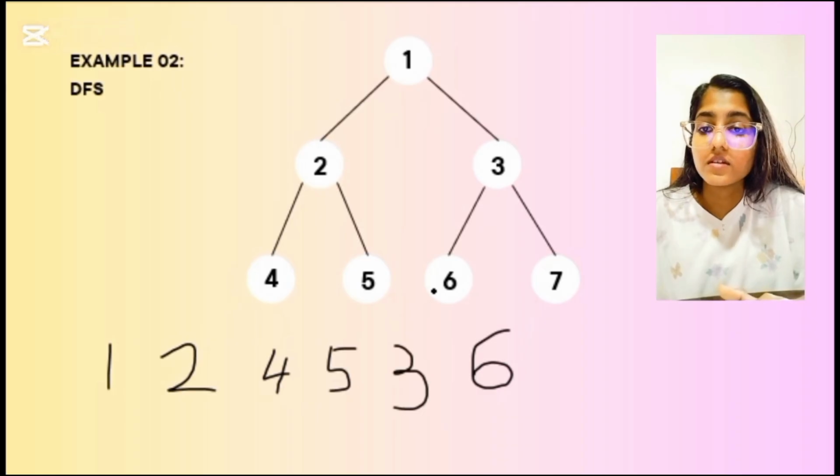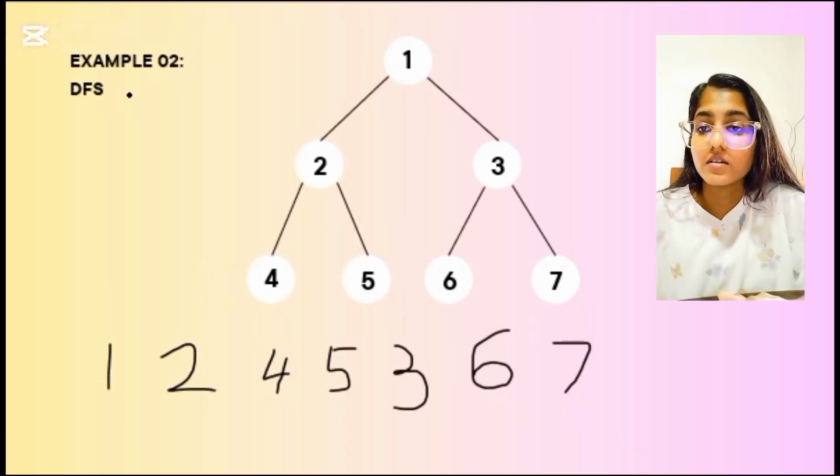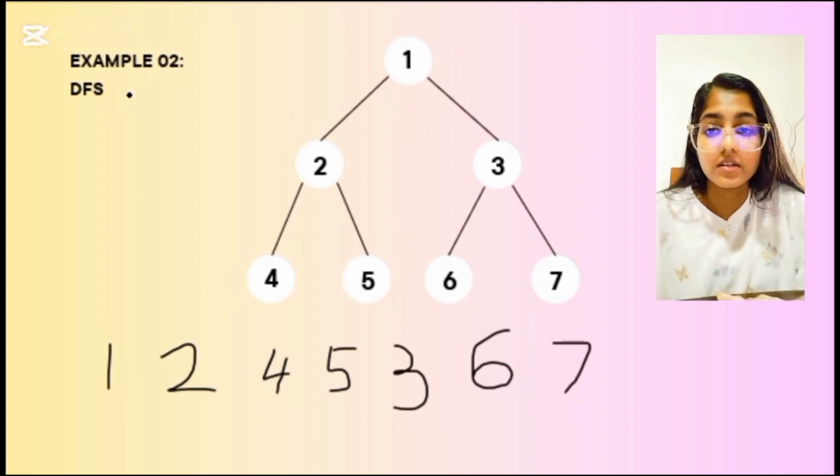After 6 nothing remaining, so you must go back to 3 and travel to 7 and write 7 here. You can see that all the vertices are written here, and this is how depth first search is done using a binary tree. Actually, depth first search in a binary tree is a pre-order traversal.